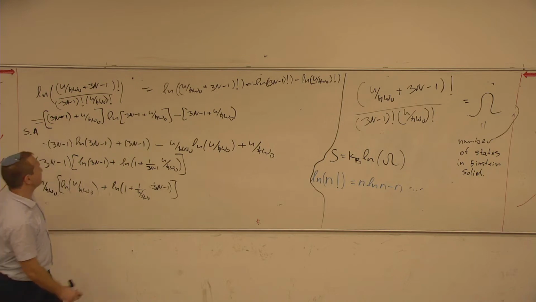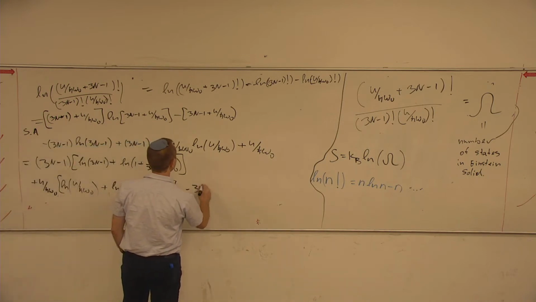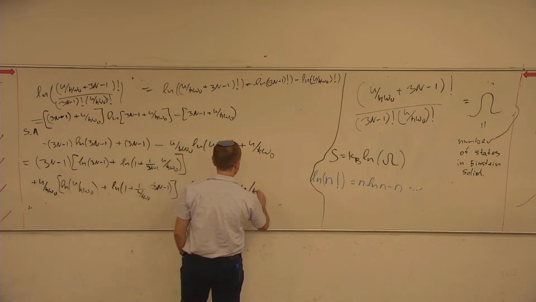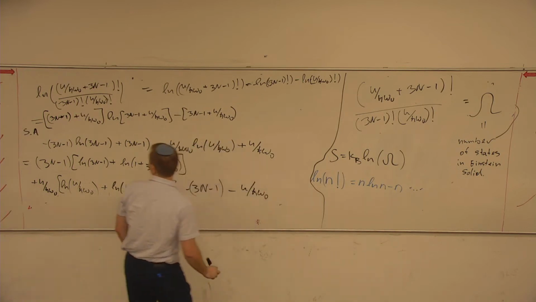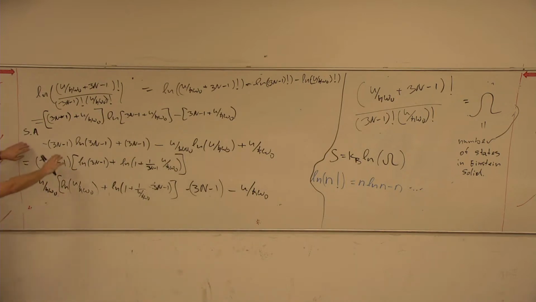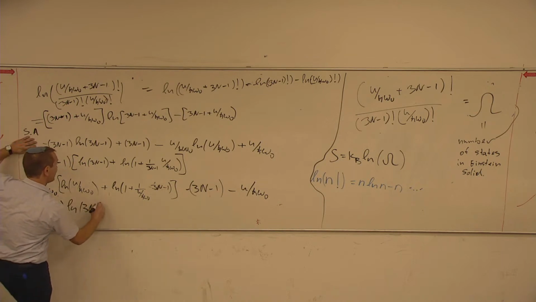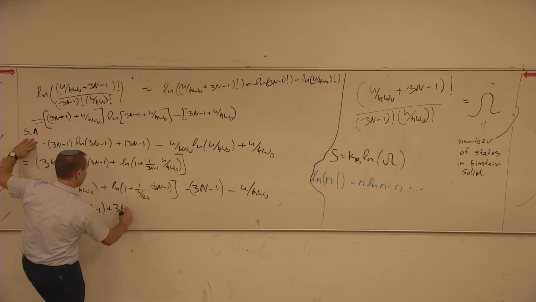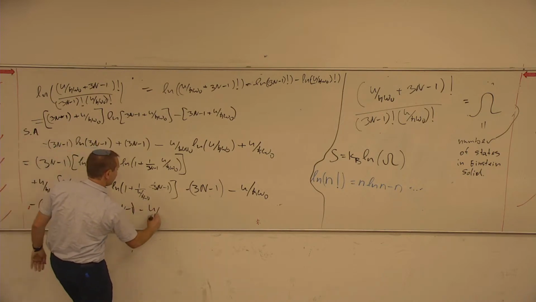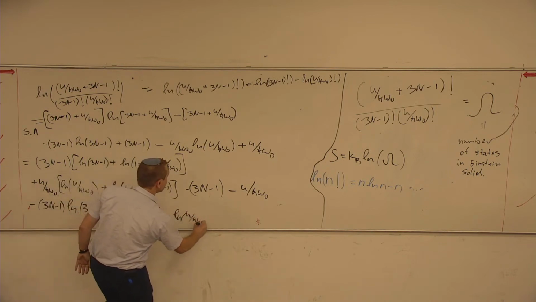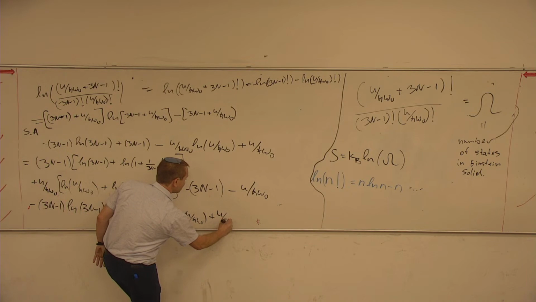What else do we have? We have minus (3n − 1), we have minus u/ħω₀, and we have this line: minus (3n − 1) log of (3n − 1) plus (3n − 1) minus u/ħω₀ ln of u/ħω₀ plus u/ħω₀.